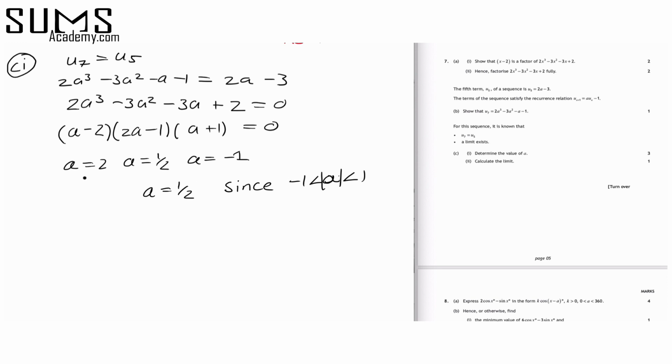So that rules out these two. Right, and that is your final answer. So your marks come from equating the two equations here. Then you get another mark for solving the cubic here, and then you get your third mark for knowing that it must just be this value here and discarding the other solutions.